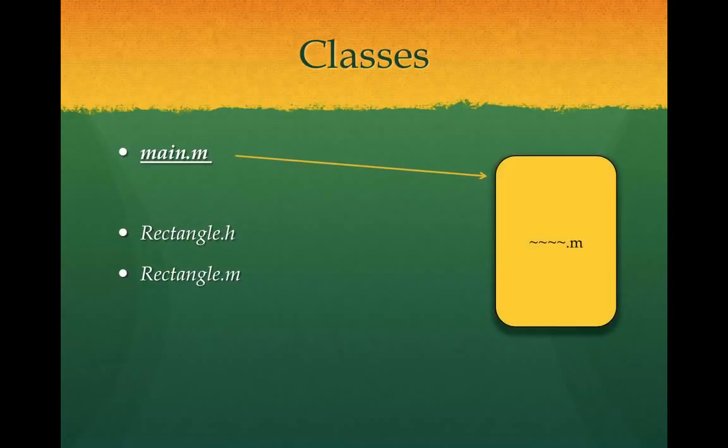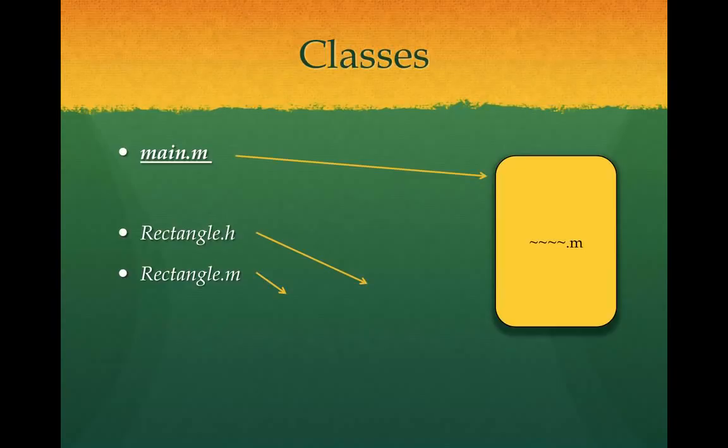Just for the record, Objective-C classes are of a .m if they are implementation classes, and a .h if they are interface classes, and we will differentiate between these two in the upcoming slides. So in my main class, main.m, I want to declare a rectangle and use an object, or an instance, of this rectangle.